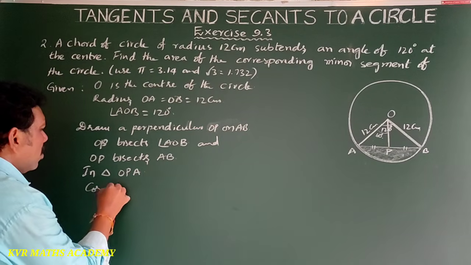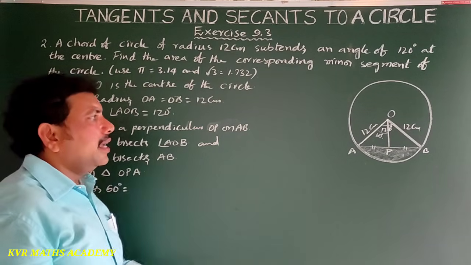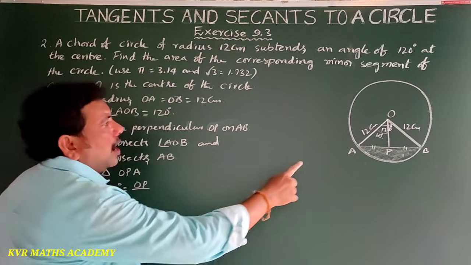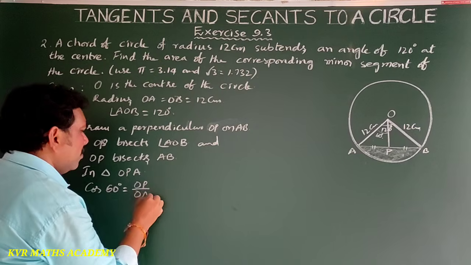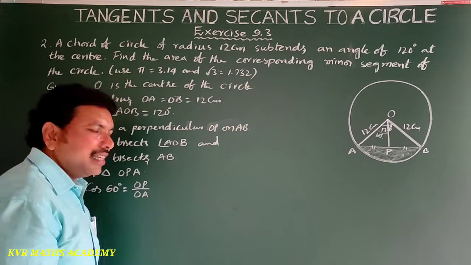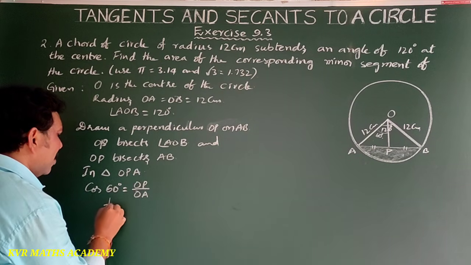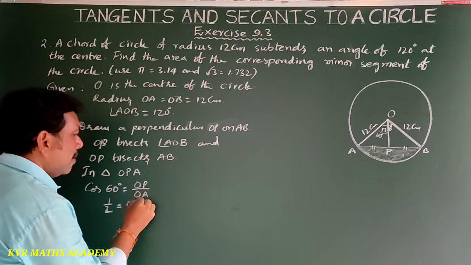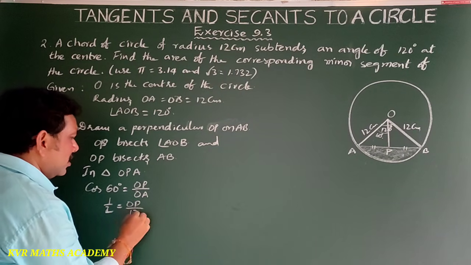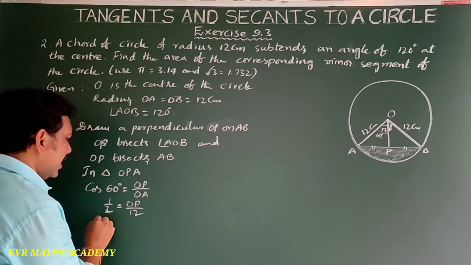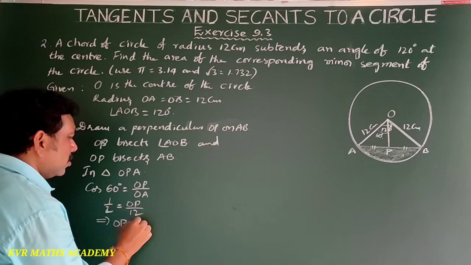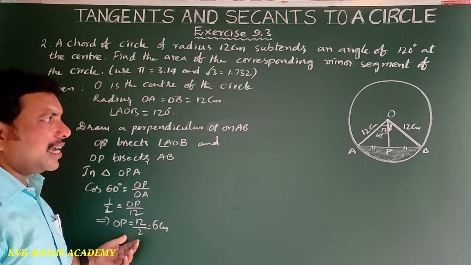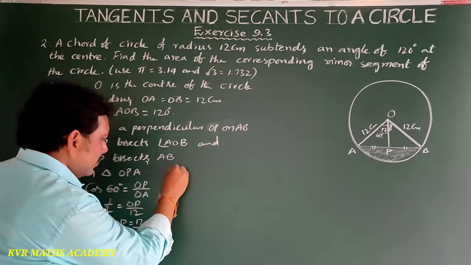Cos 60 degrees is equal to OP by OA. Yes, what is the value of cos 60? Exactly 1 by 2. 1 by 2 is equal to OP by OA. OA how much? Yes, 12. 12 transferred to this side. That implies OP is equal to 12 by 2, 6 centimeters. OP is equal to 6 centimeters.